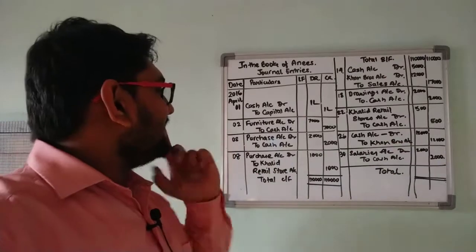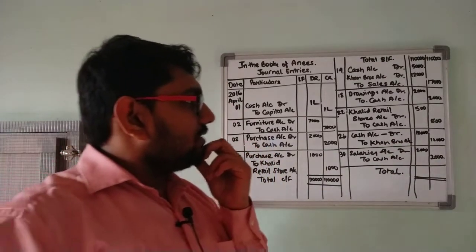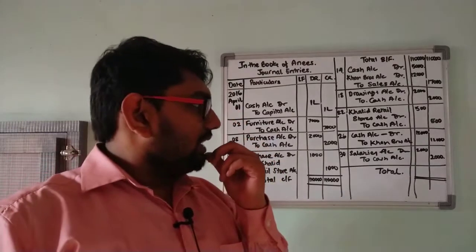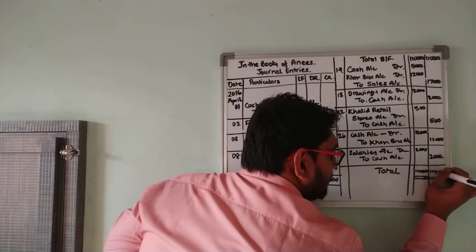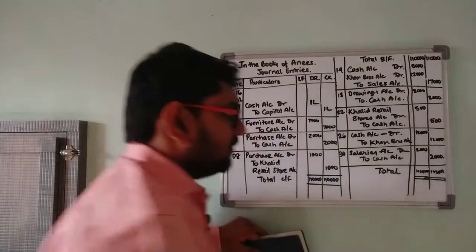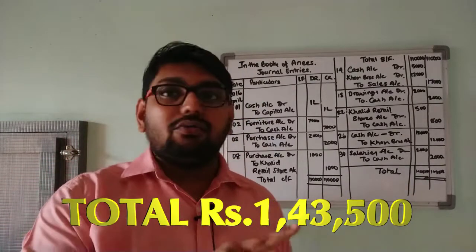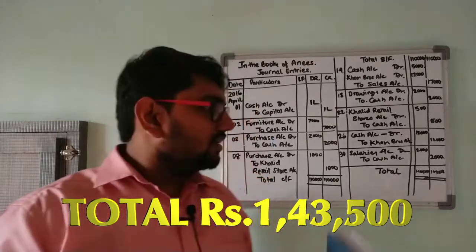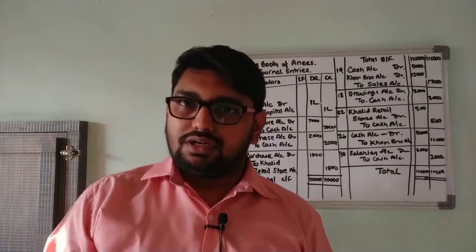So 1,10,000 and 17, 127, 128, 129, 130, 131, 141, 142, 143, 500 is your total. The total over here is 143,500. I will display the amount over here. That is the total of this journal. And this is how you solve a problem on journal.